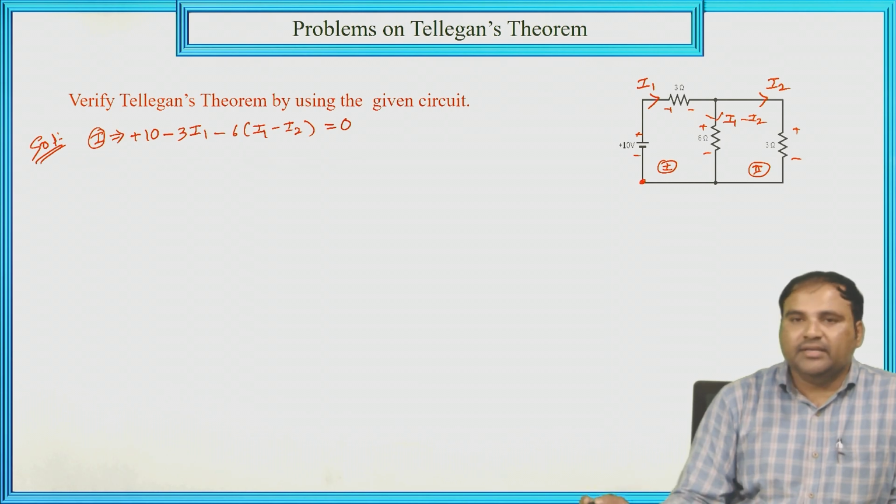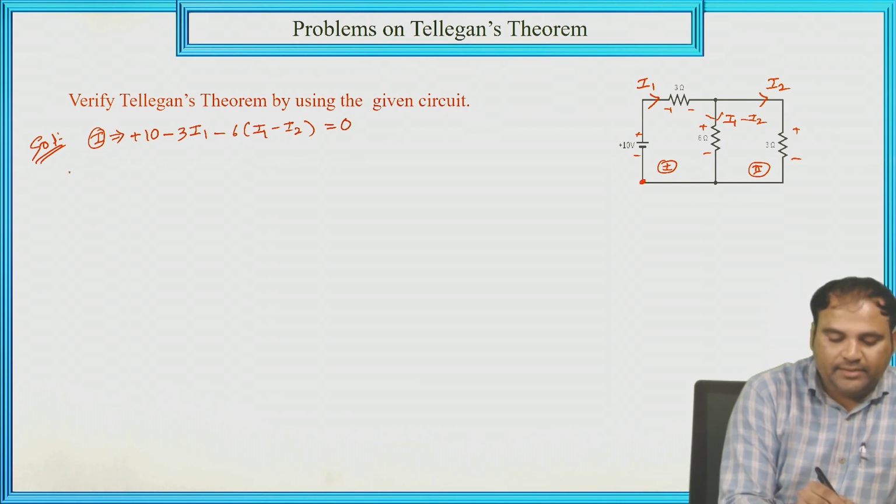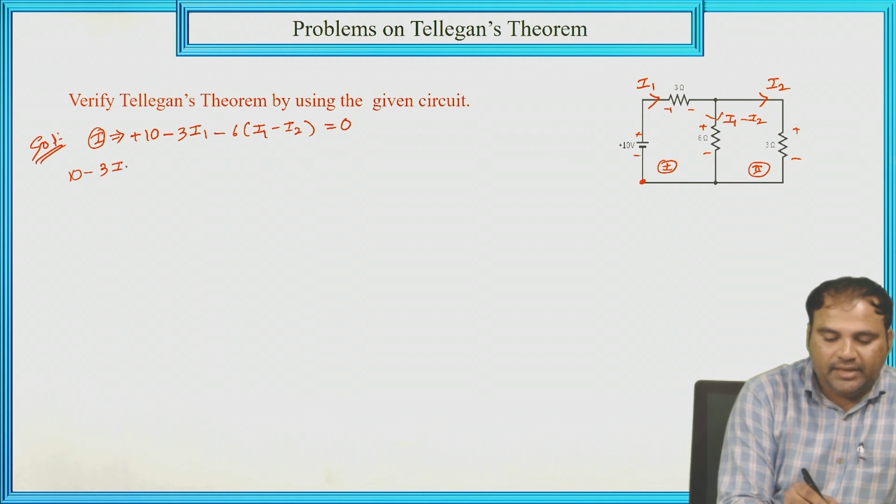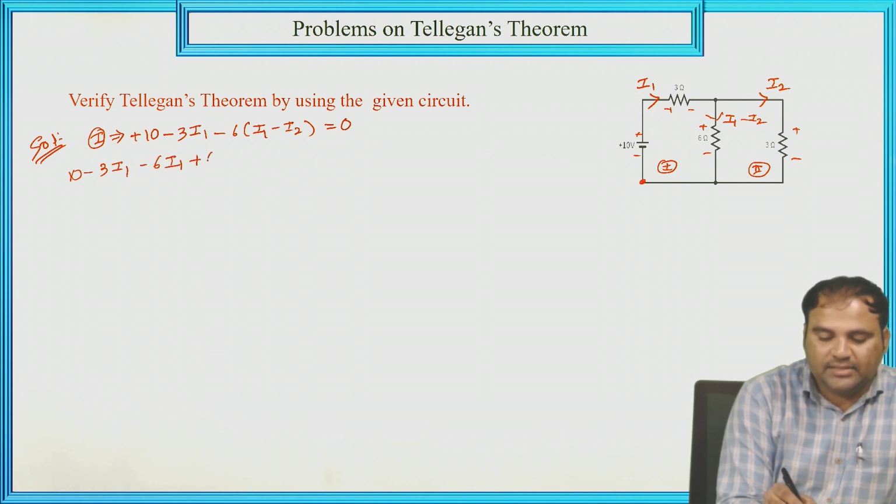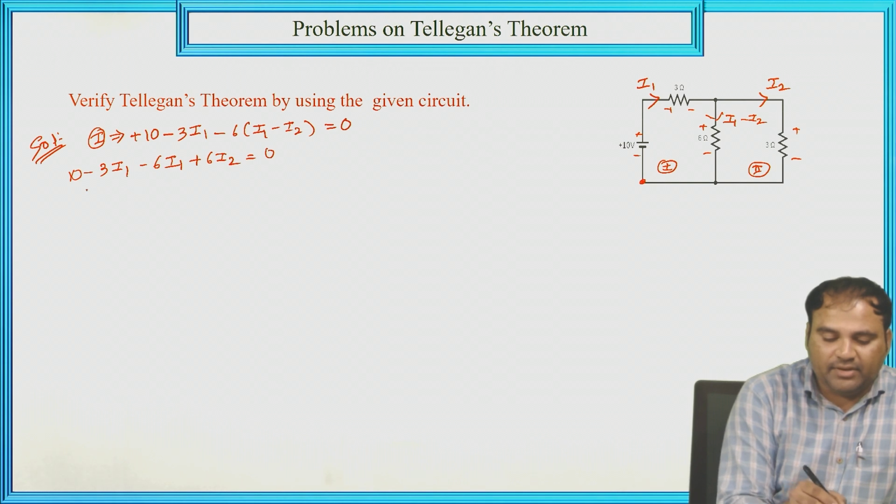Now simplify the equation. So 10 minus 3I1 minus 6I1 plus 6I2 equal to 0. So minus 6I1 minus 3I1 is minus 9I1.